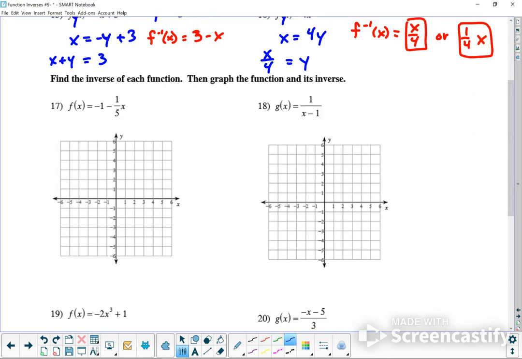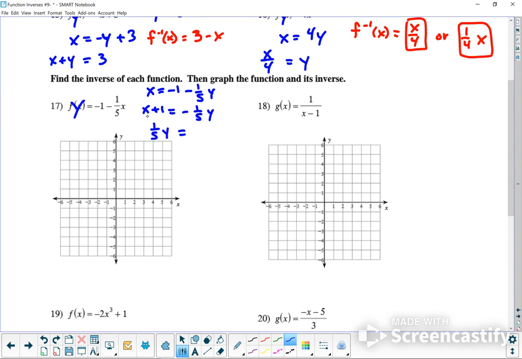Okay, so call that a y, swap it, so it'll be x equals negative 1 minus 1/5 y. Okay, I'm going to go ahead and add 1, so it'll be x plus 1 equals negative 1/5 y. I'm going to swap these around. So I'm going to move the negative 1/5 y to this side, so it'll be 1/5 y.